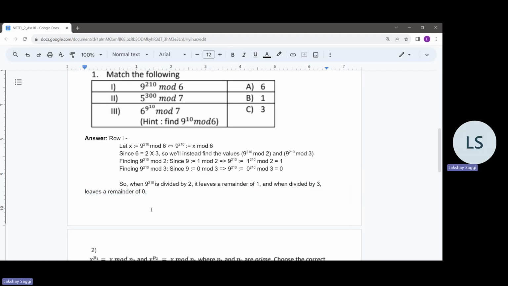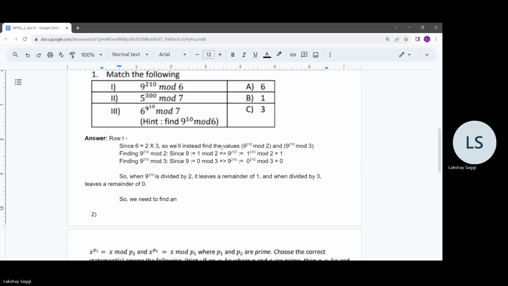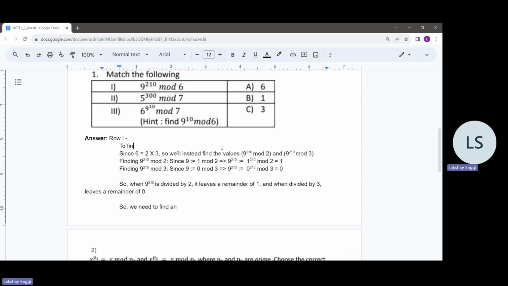So essentially, to find 9 raised to the power 210 mod 6, we need to find an integer x such that x is congruent to 1 mod 2, because when divided by 2 it leaves a remainder of 1, and when divided by 3 leaves a remainder of 0, and x is congruent to 0 mod 3.